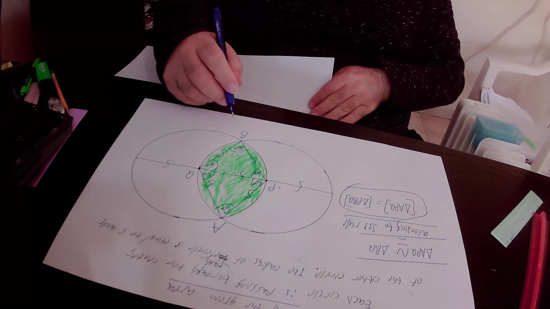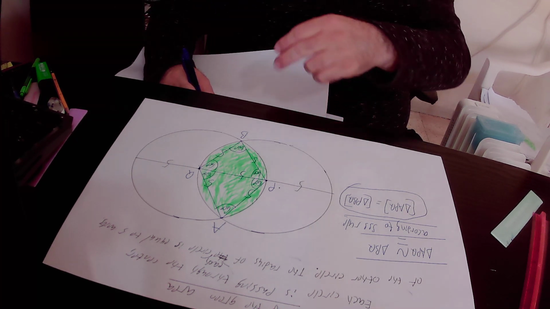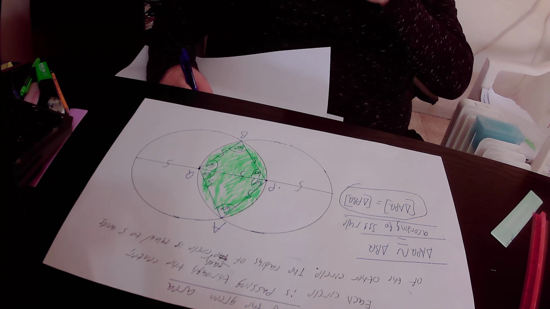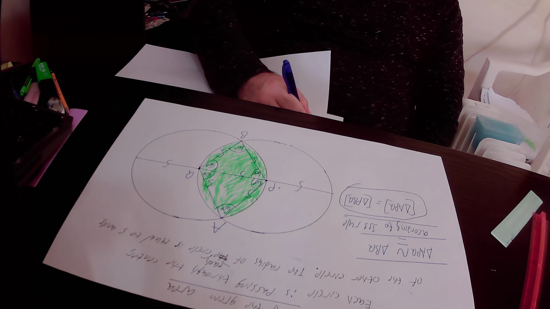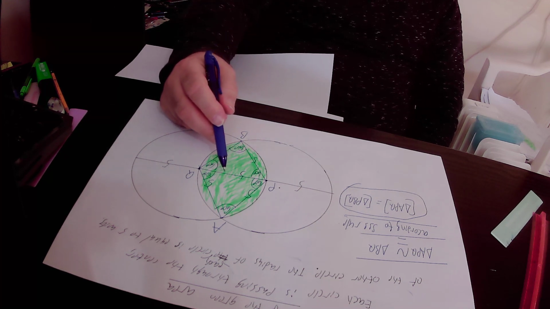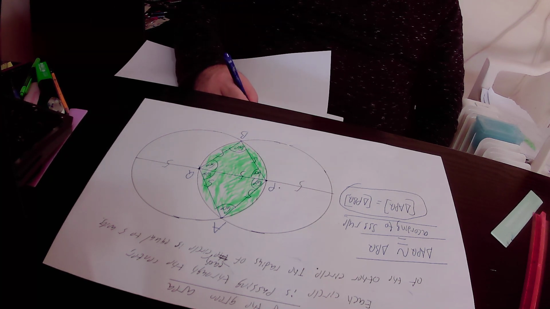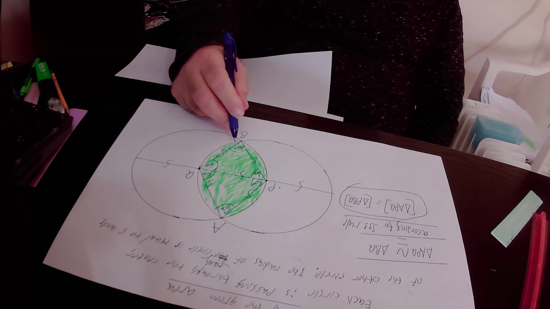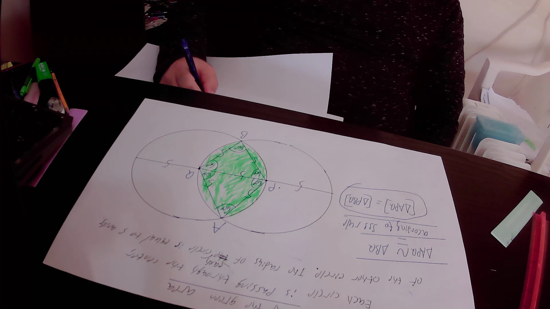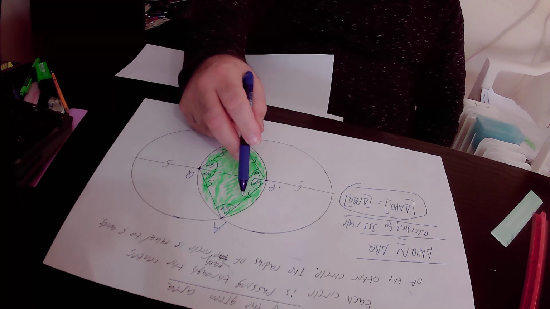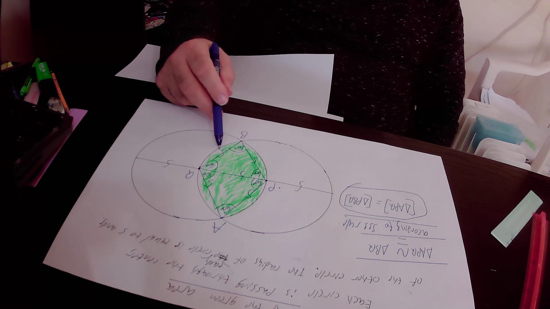So what is the area of the green shape? The area of the green shape will be equal to the area of triangle APQ plus the area of triangle PBQ plus the areas of segment AP, segment PB, segment QB, and segment AQ.